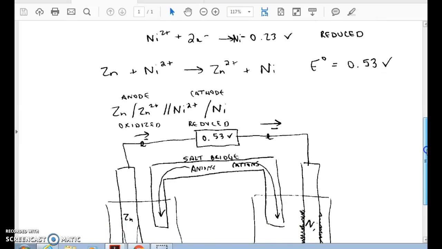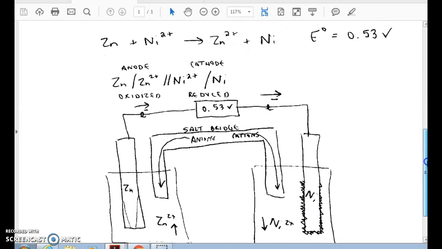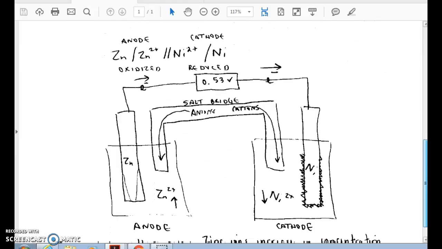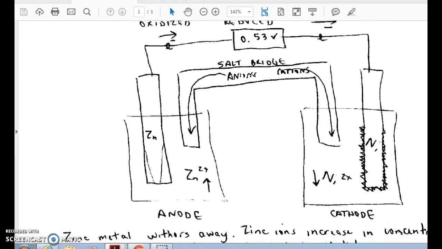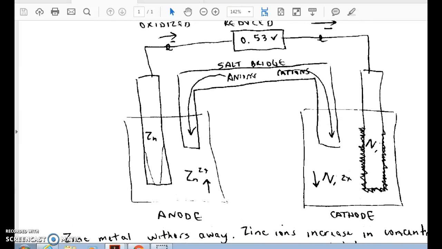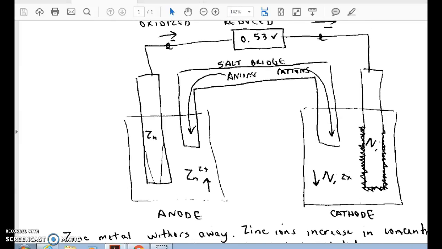So in our diagram of the cell, oxidation occurs at the anode. So the zinc metal in the zinc solution is the anode, and it is being oxidized, losing electrons. And the nickel is being reduced, so the nickel 2+ ion solution with the nickel solid electrode is the cathode.